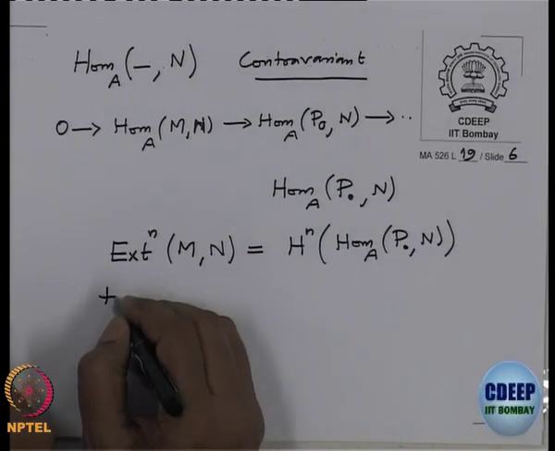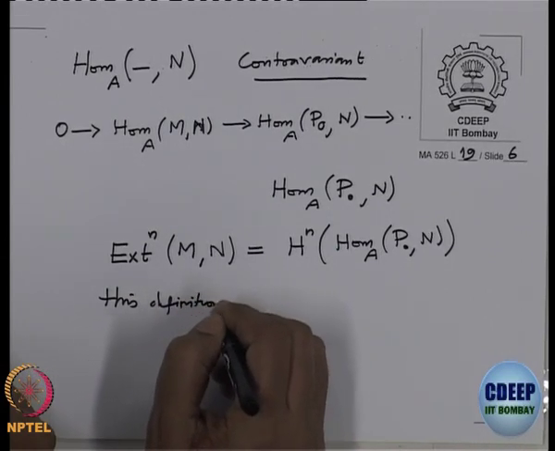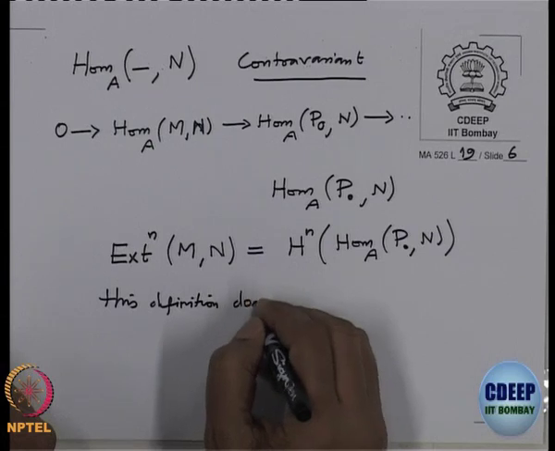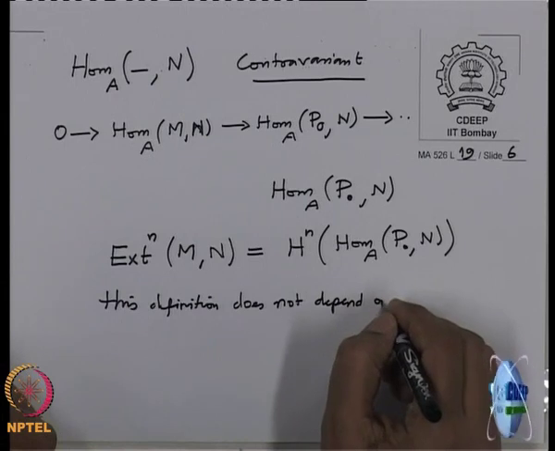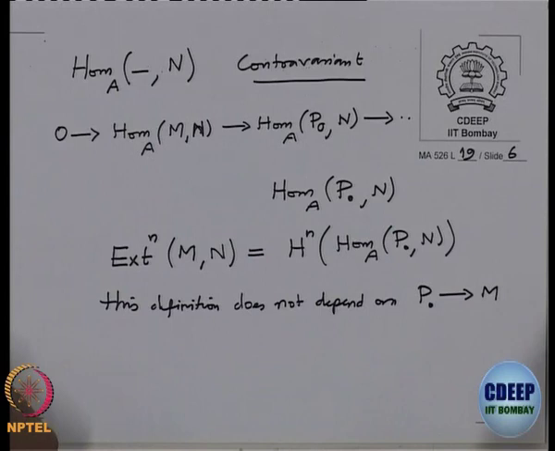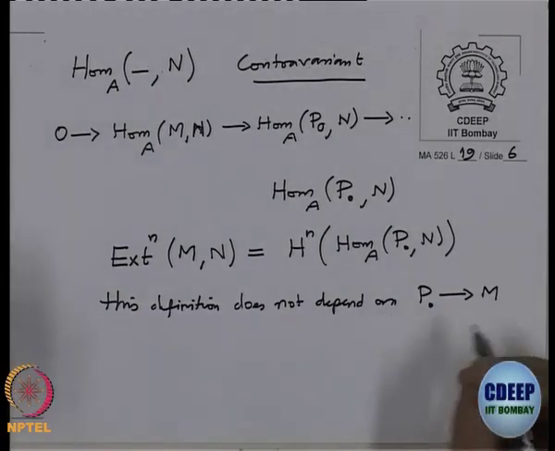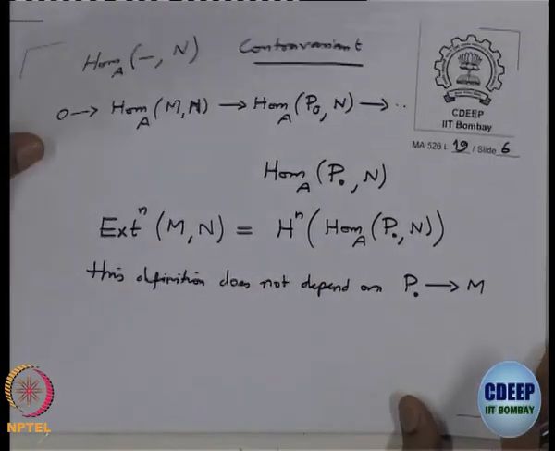So, this definition does not depend on P dot to M. If you take a different projective resolution, then you get these modules, and they are A modules. So, okay, now let us summarize and then I will extract the properties of this module that we will need to use for our calculation.